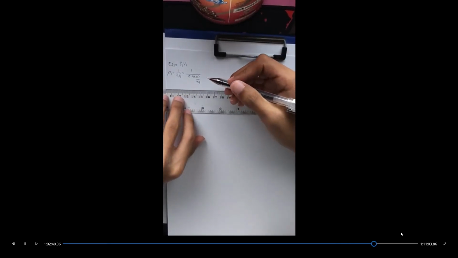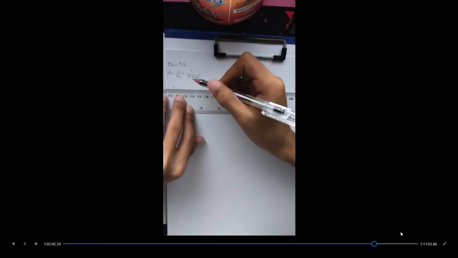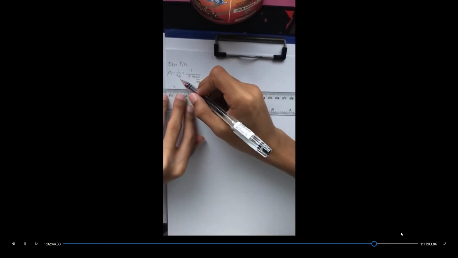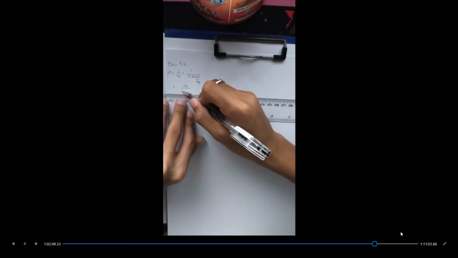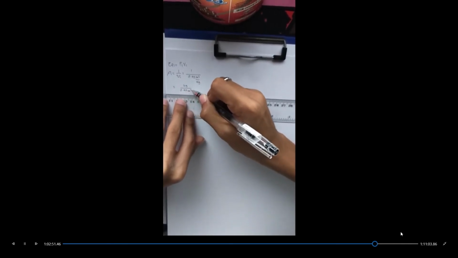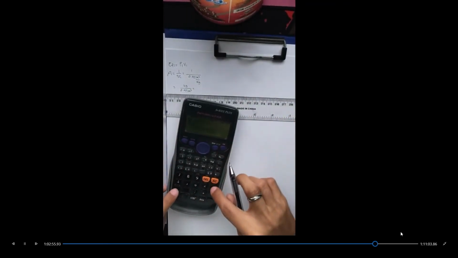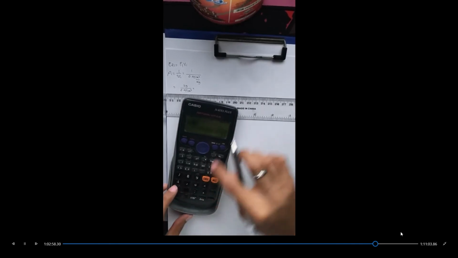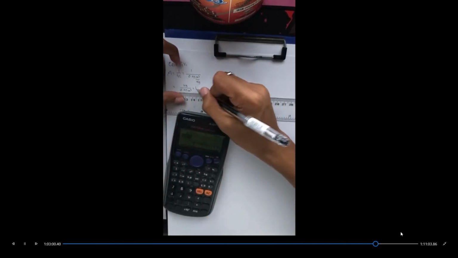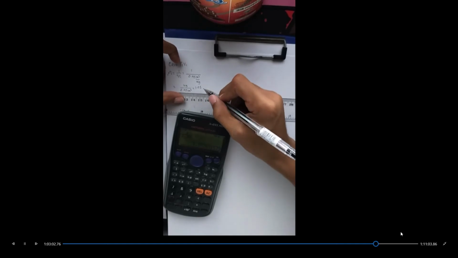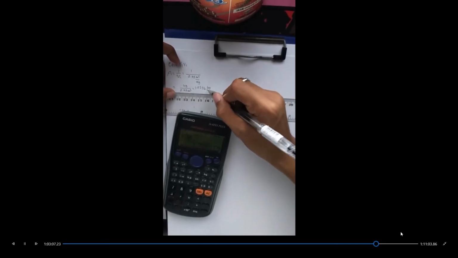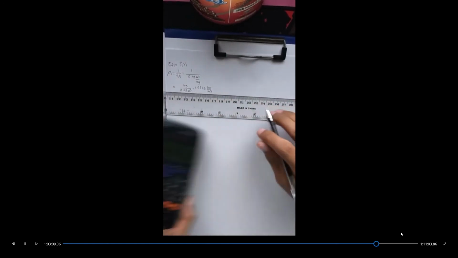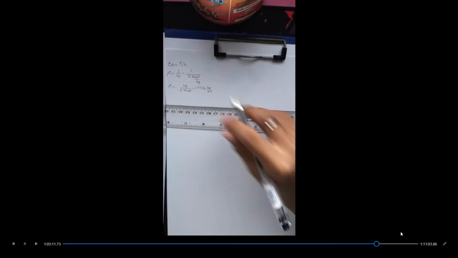That's why it is density. Simplifying, we have kilograms all over 0.95 meter cube, equals 1 over 0.95. 1 divided by 0.95 is 1.0526 kilograms per meter cube.